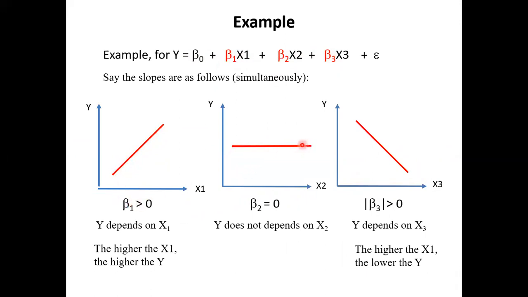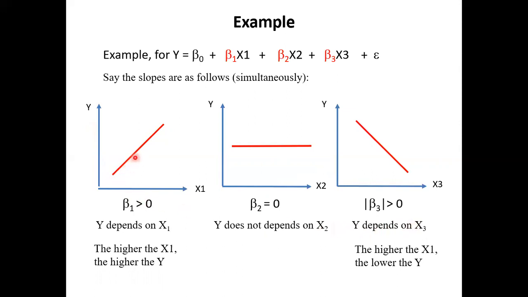This one is flat, there's no slope, so b2 is almost 0. This one here, even though negative, in absolute value is still more than 0. So we say yes, y depends on x1. In this situation, y does not depend on x2. And this one, y depends on x3.